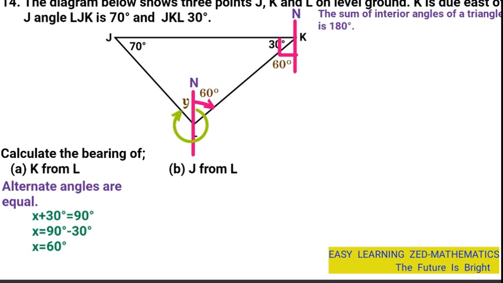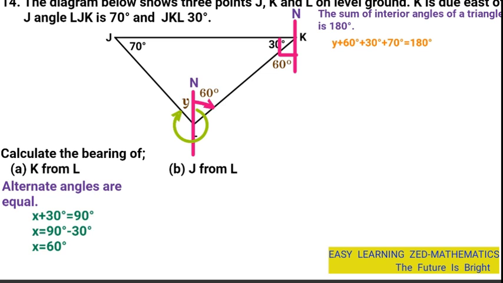So we're going to add all the given angles. Then the difference of 180 and the sum of the given angles is going to be the value of y. So we say y plus 60 degrees, which is adjacent to y, plus 30 degrees plus 70 degrees, is equal to 180 degrees.